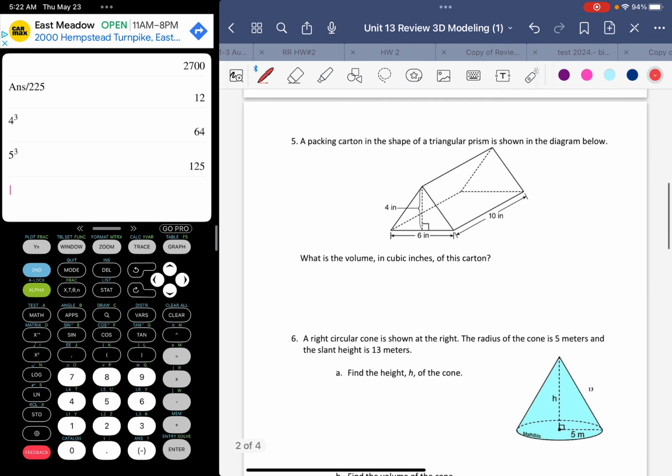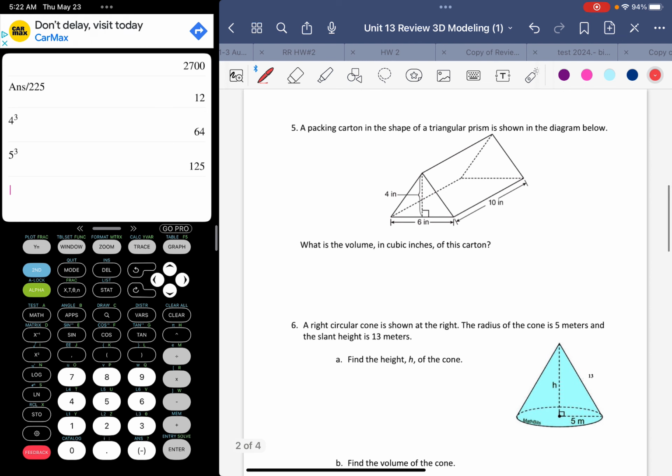All right, number 5, a packing carton in the shape of a triangular prism. I'm going to highlight that. Now you can go to your reference sheet. The formula for prism volume equals big B times H. Because this time, remember, big B is the area of the base, and our base isn't a rectangle, so we can't just do length times width times height.